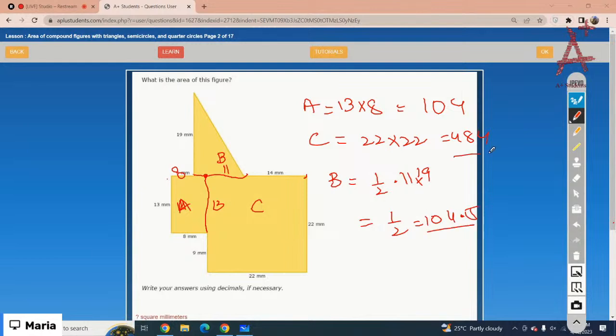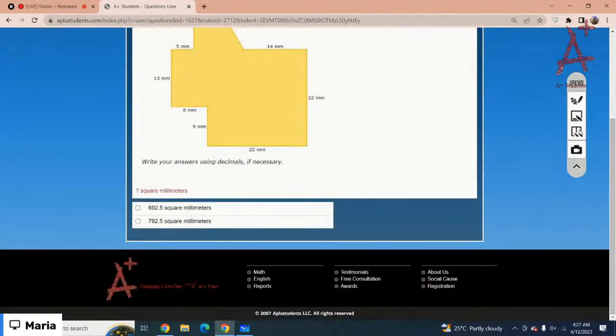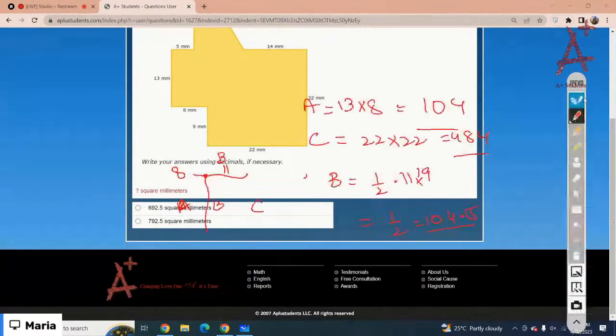Okay, so for the total area, just add up all the areas. Let me just add all the values. It would be 104 plus 104.5 plus 484. So when you add them, it makes 692.5.